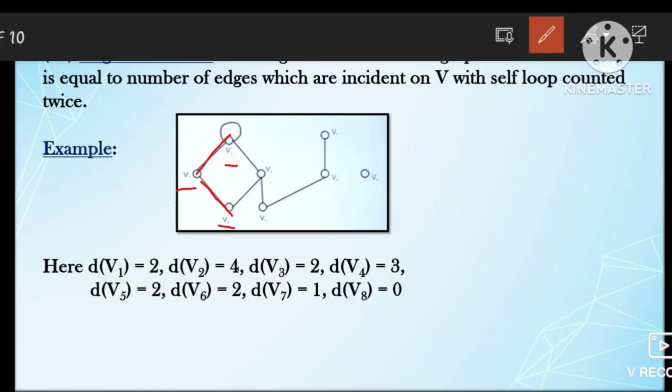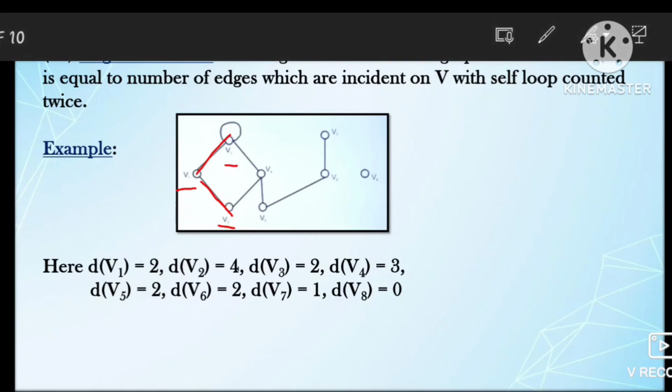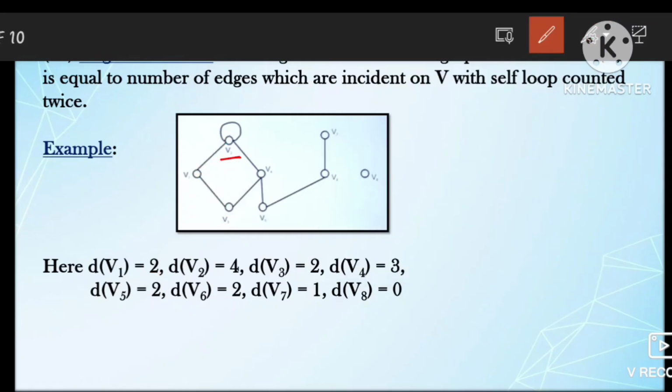So the degree of the vertex is equal to the number of edges which are incident on V. Here this edge and this edge are incident on V1, so it will have degree 2. Now the vertex V2. For vertex V2 we can see that it is joined by this edge and this self loop.